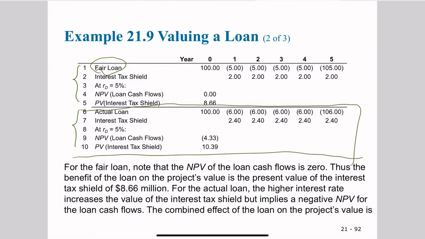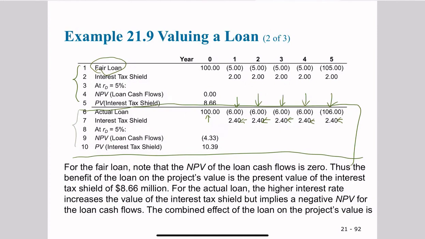You can see that the firm gets $100 million and the firm pays out $6 million of interest payment at each period. And last period, $6 million and $100 million of face value. And then there is this interest tax shield, right?